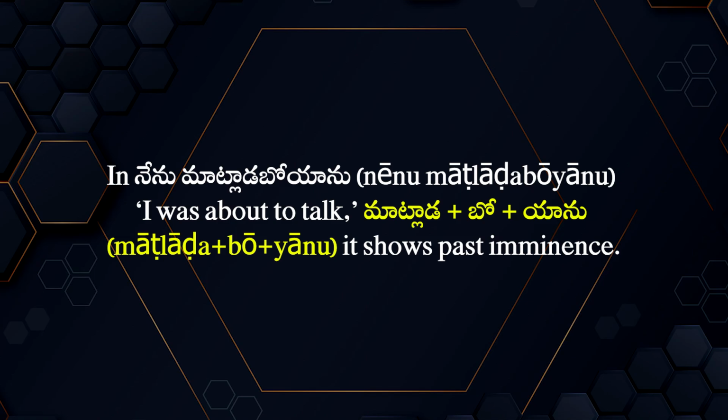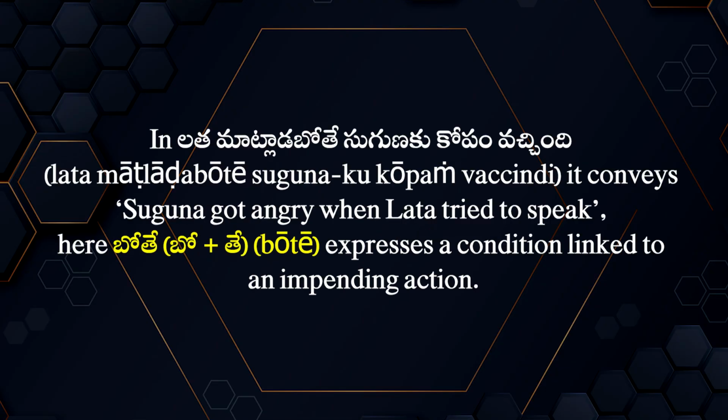Here మాట్లాడ plus bo plus యాను. It shows past imminence. లత మాట్లాడబోతే సుగుణకు కోపం వచ్చింది. It conveys Suguna got angry when Lata tried to speak. Here bo expresses a condition linked to an impending action.